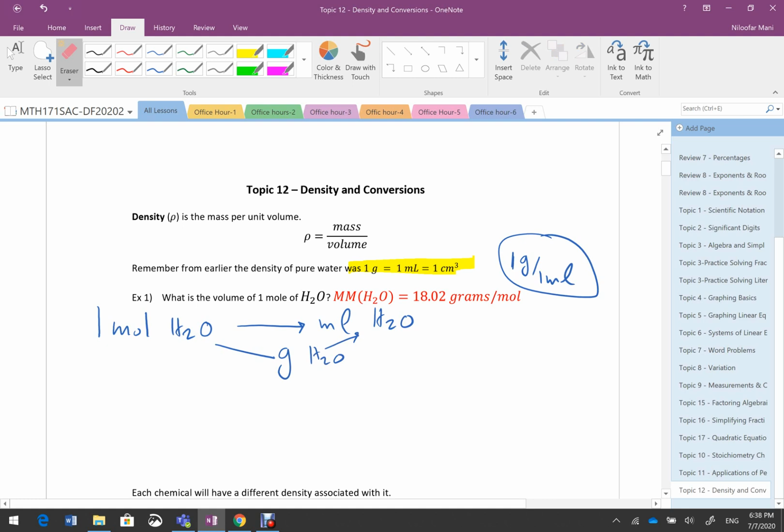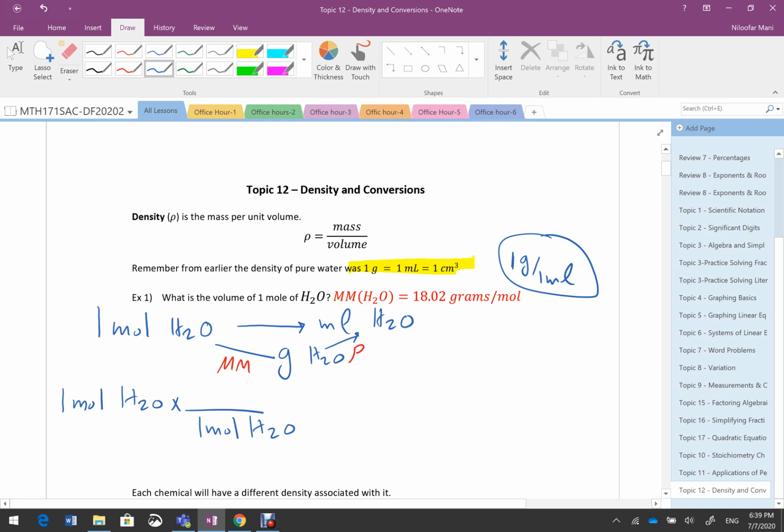So this one I do with molar mass, and this one I do with density. Okay, so molar mass here and density, and we need to know what is molar mass, which is given in the red part. Here I have 1 mole of water. I want to cancel mole and bring gram.